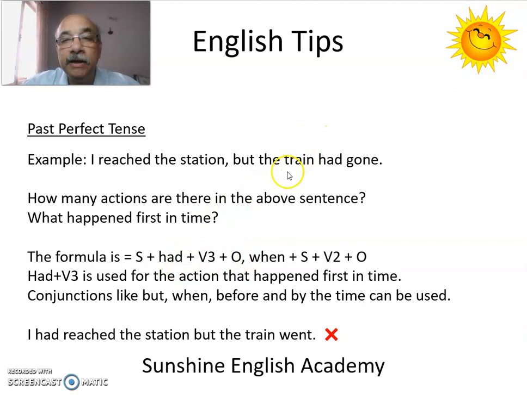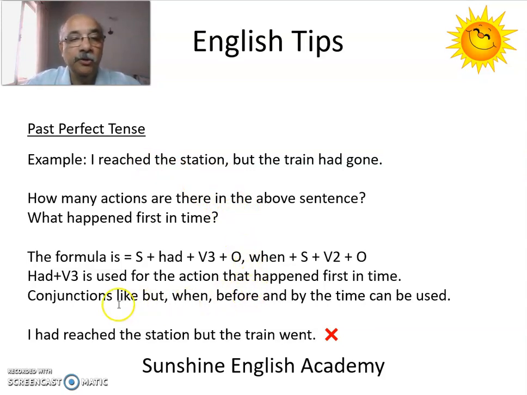It is this part, right? The subject is the train, then had, then V3 is gone, and here there is no object, whereas in this part, the subject is I, V2 is reached, and the object is the station.